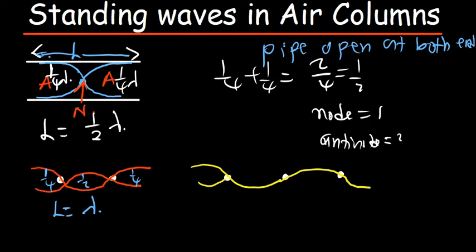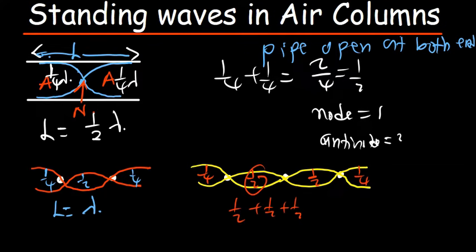You are going to see that this part is 1 over 4, this is half, this is half, and this is 1 over 4. So 1 over 4 plus 1 over 4 is going to give me half. Half plus half, again half, because 1 over 4 plus 1 over 4 is half. I'll end up having 3 over 2.